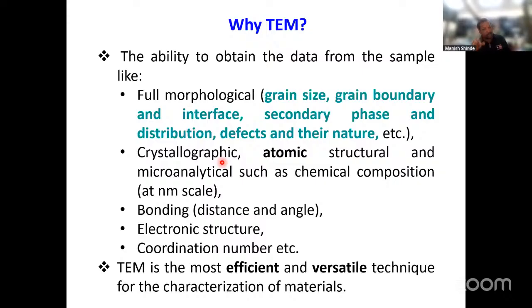So those kinds of d values can be obtained here directly, and then accordingly by matching with the JCPDS d values you can assign the planes to those lattice planes. Okay, so that is the beauty of TEM. You can go even up to atomic scale resolution in TEM.